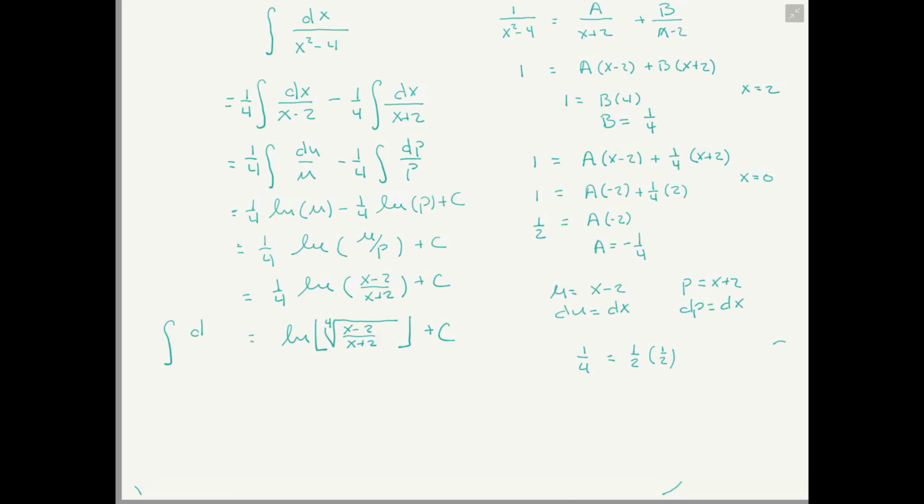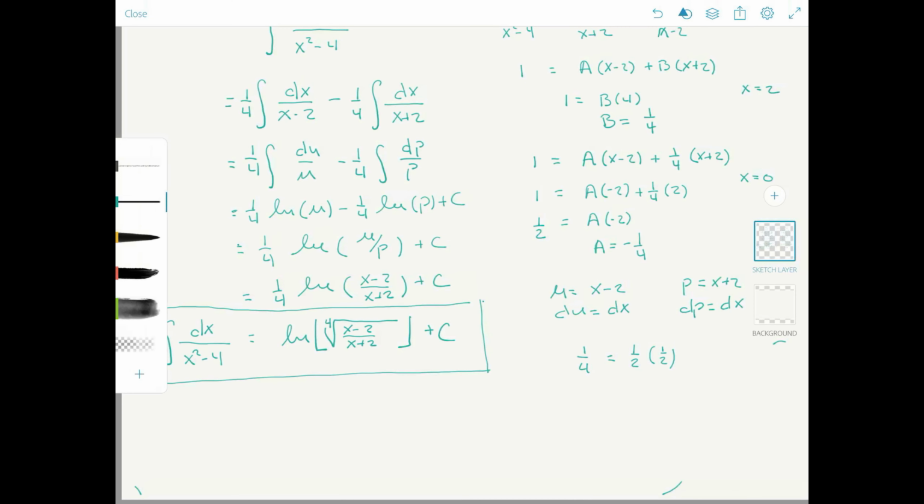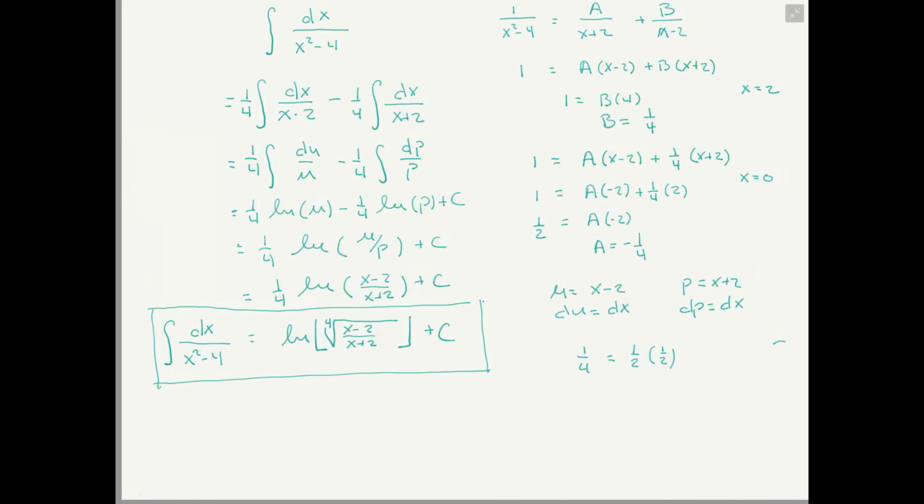We could do this, or we could go ln for x minus 2 over x plus 2 plus c. And that would be dx over x squared minus 4.